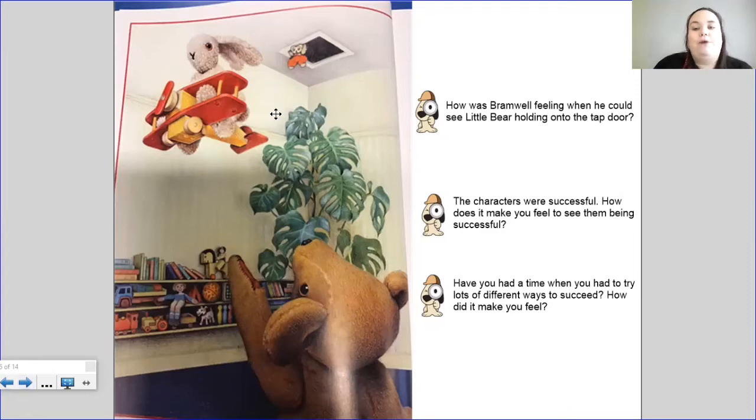How was Bramwell feeling when he could see Little Bear holding onto the trapdoor? The characters were successful. How does this make you feel to see them being successful? Have you had a time when you had to try lots of different ways to succeed? How did it make you feel? Pause here to see if you can answer these questions.